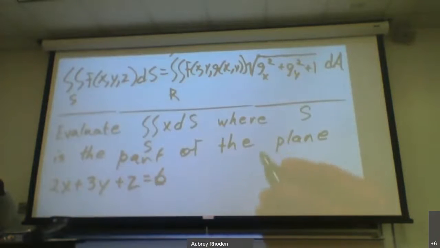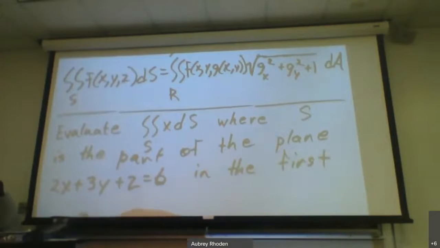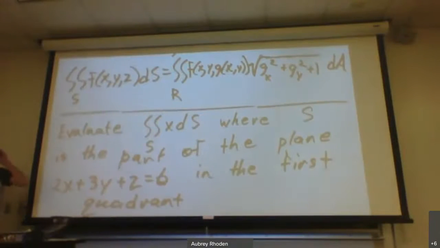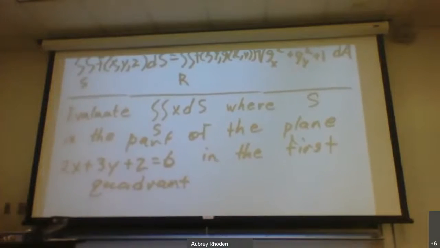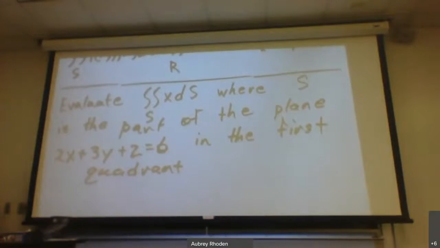That's a 6. Okay, so we have a plane that is existing within the first quadrant.